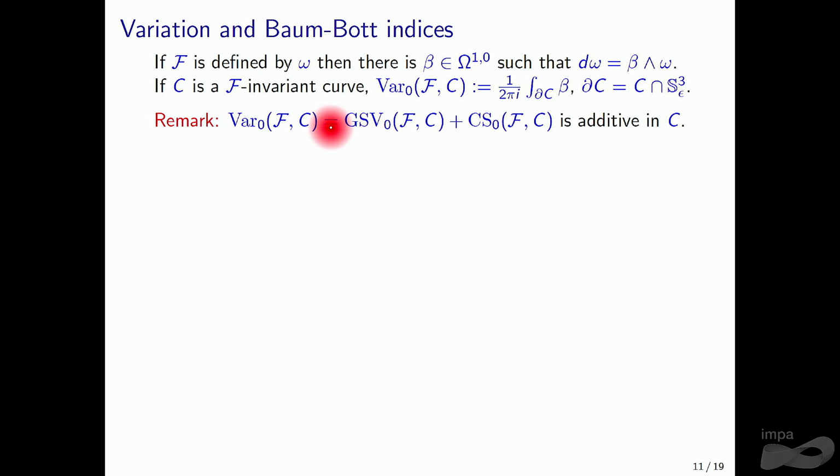If C is an invariant curve, then we define the variation index of f along C as this integral of beta along C. We have this well-known relation between variation index, GSV index and Camacho-Sad index. And the remark is that this is additive in C.